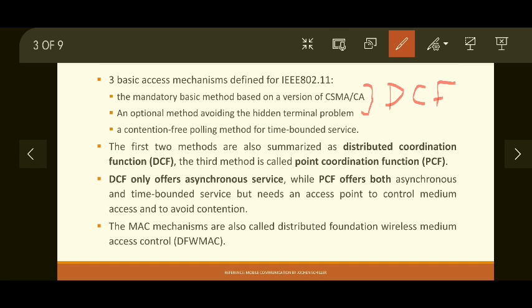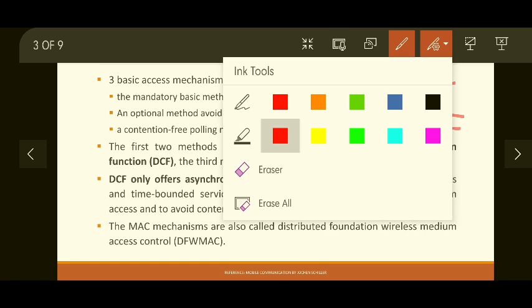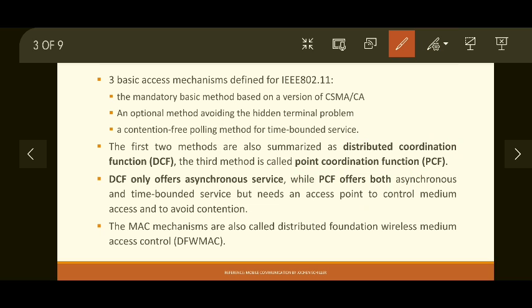Nodes will mutually decide how to access the medium and how to send packets within the medium. That's why they are called distributed coordination function, DCF. Whereas the third one is known as PCF because it is controlled by an access point, so it is known as point coordination function.